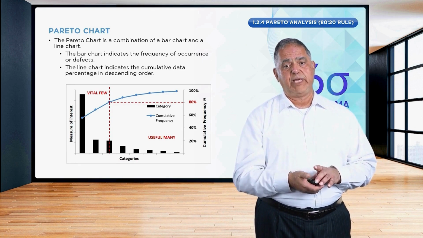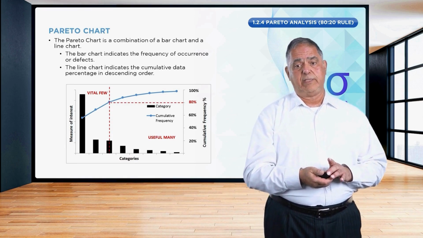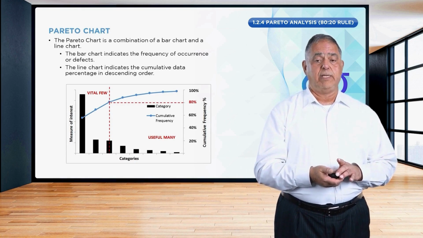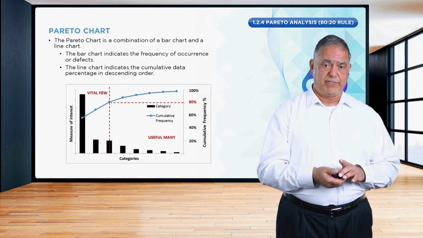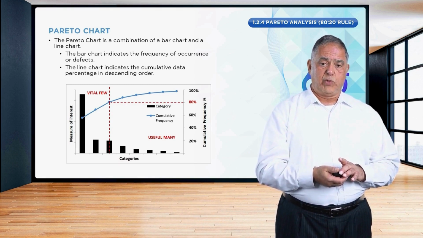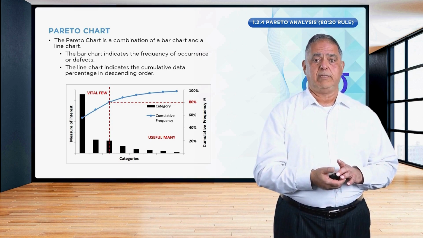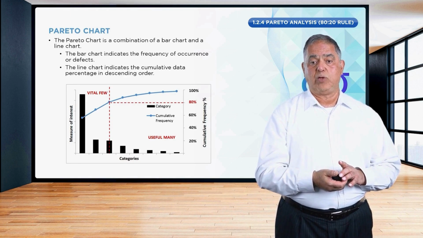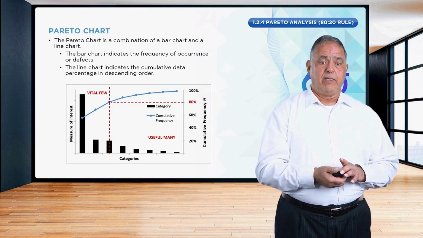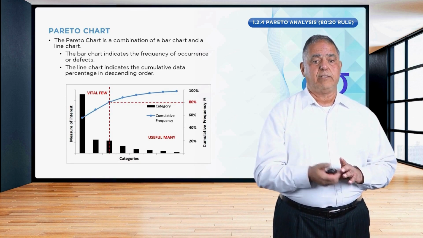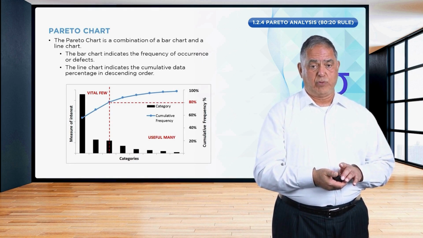Speaking about the 80-20 rule, on the right-hand side you can see that the axis represents what is known as cumulative frequency percentage. If we go up to the 80% and draw a horizontal line towards the left, this crosses the so-called cumulative line at a certain point.